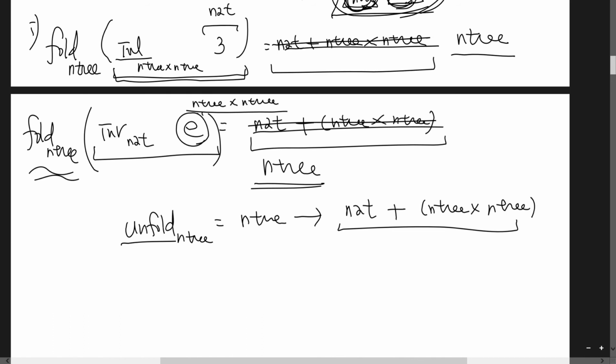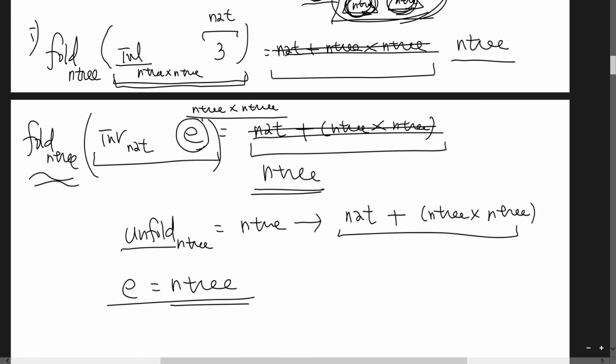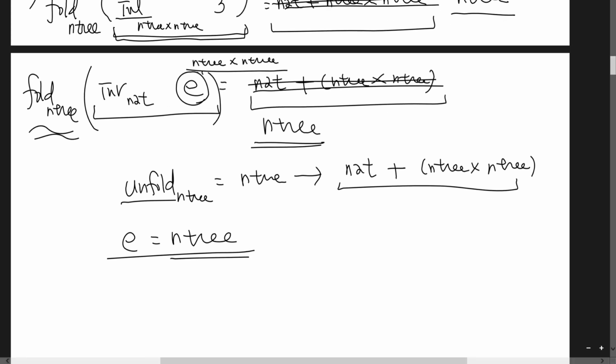Now suppose that you have an expression of type natural number 3, and we don't know if this natural number 3 is a singleton leaf node or contains two child subtrees. We don't know yet, so what we do is we just unfold it. Sorry, this is natural number 3, and when you unfold it, it gives us back this sum type, net plus natural number 3 times natural number 3.